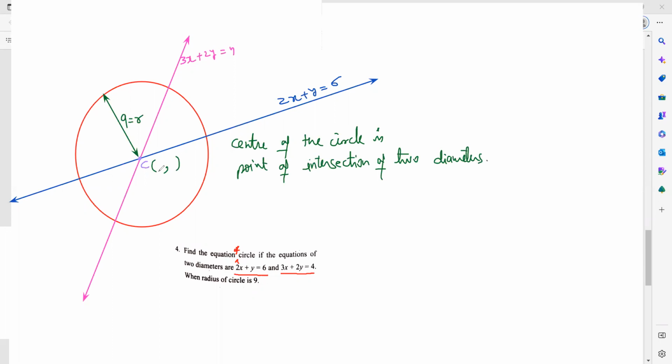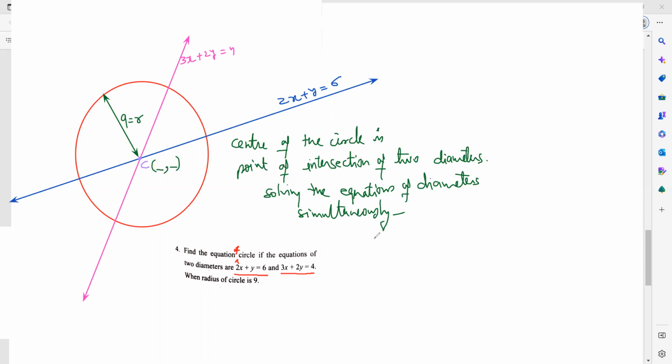So how to get the coordinates of the point of intersection? I will solve these two diameters simultaneously. So I will write here, solving the equations of diameters simultaneously.